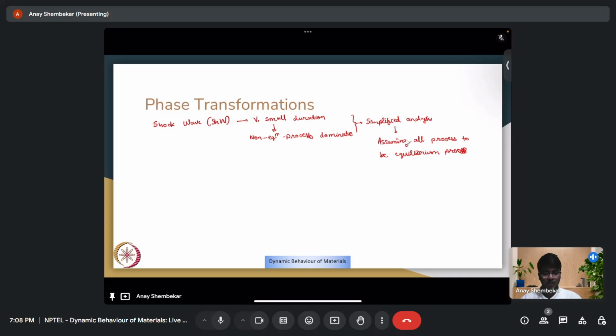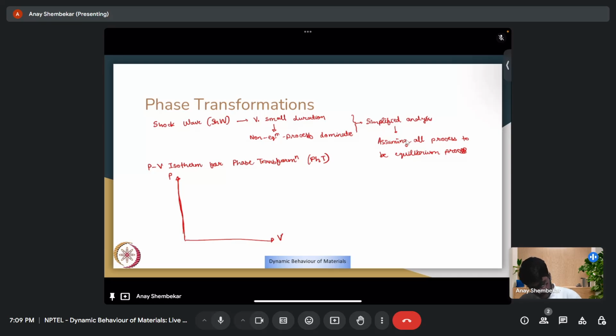So suppose we are interested in plotting a PV isotherm, pressure volume isotherm, for phase transformation. Phase transformation, I'll write in short as PHT from here onward. So if I have to plot a PV isotherm, P, this is V, right?